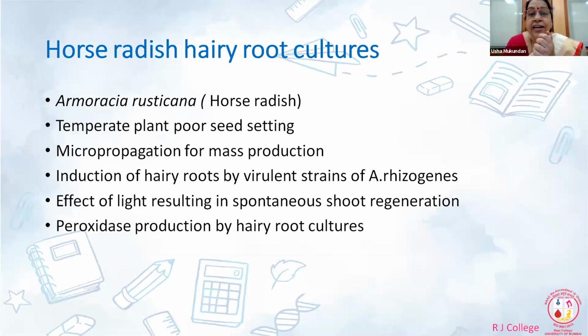Then we found that the moment they are exposed to light, photomorphogenesis occurs and you get spontaneous shoot regeneration. So what next? You wrap them with black paper and do not expose them to light because you want only roots, you are not interested in shoots. But this could be a very good technique of regenerating a large number of shoots from a small amount of root culture.